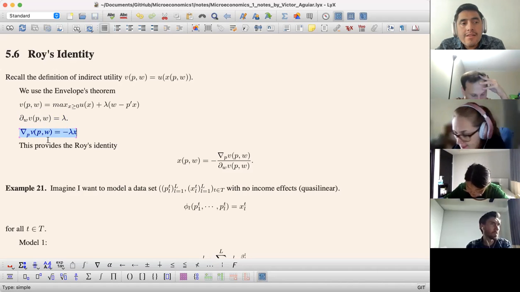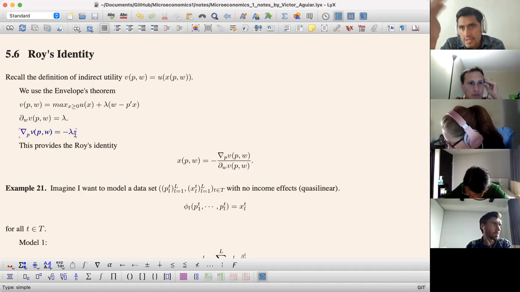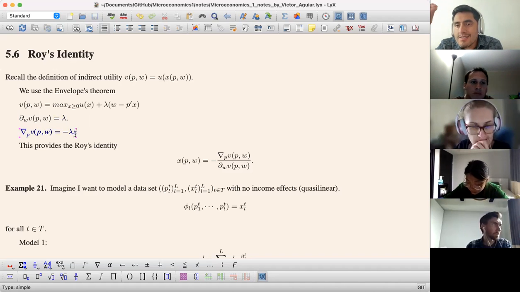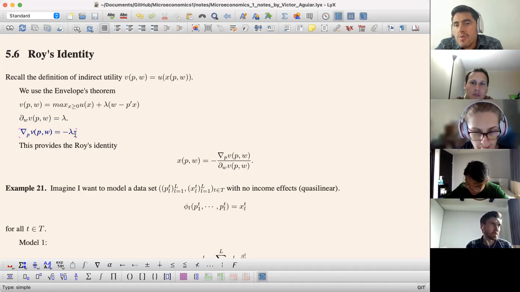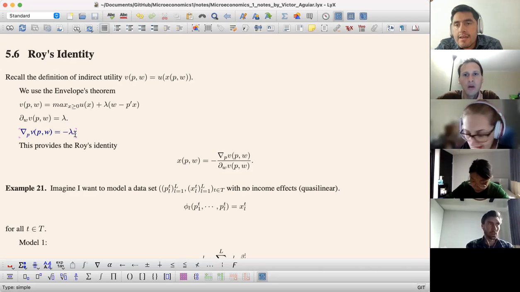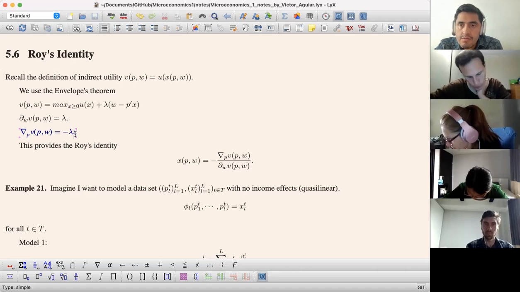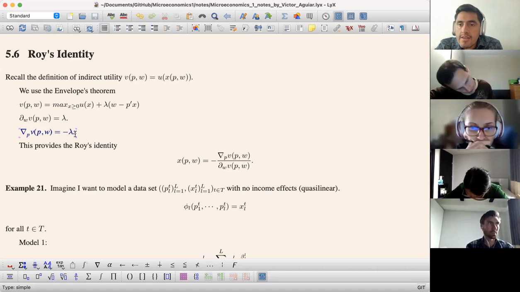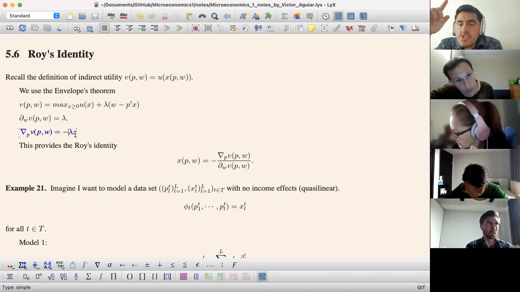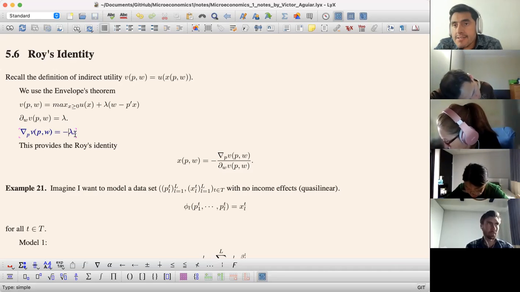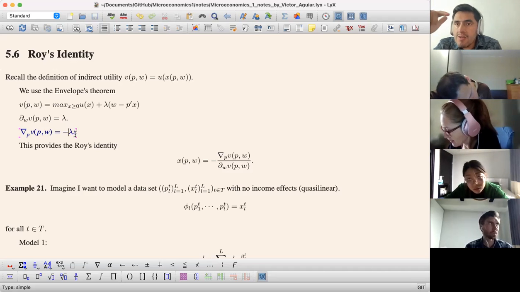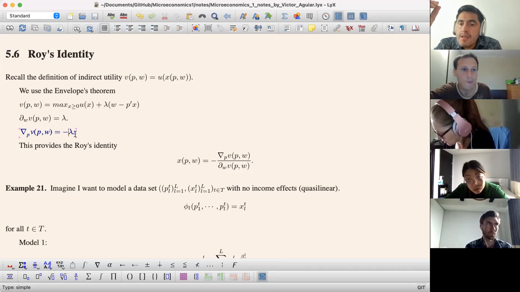And this is equal to what? It is equal to minus lambda, which is a constant, times x. X is a vector. So what this is telling you is that the marginal change in welfare from a change of a price, entry-wise, is basically constant with the minus factor, minus lambda, which is a positive number, times x.